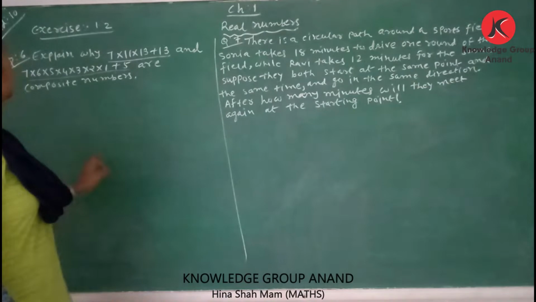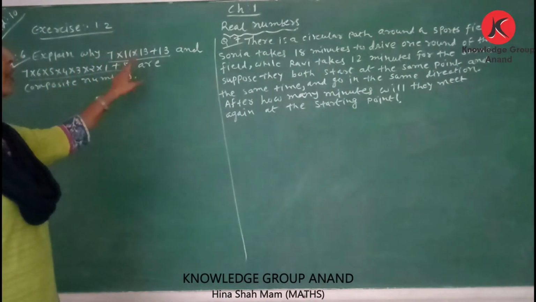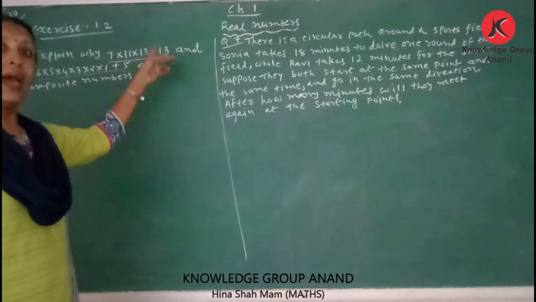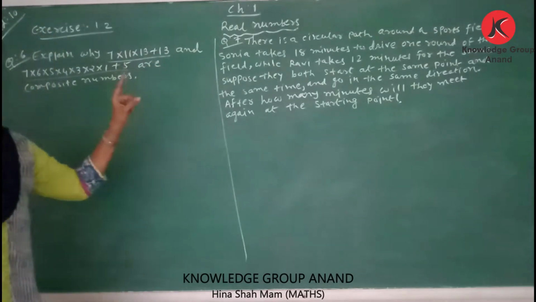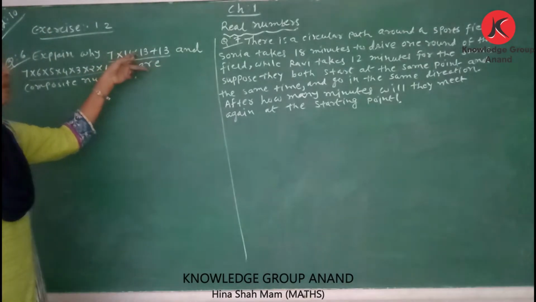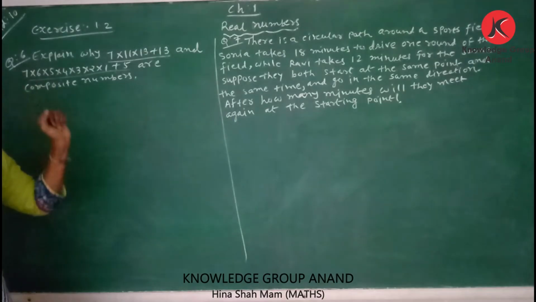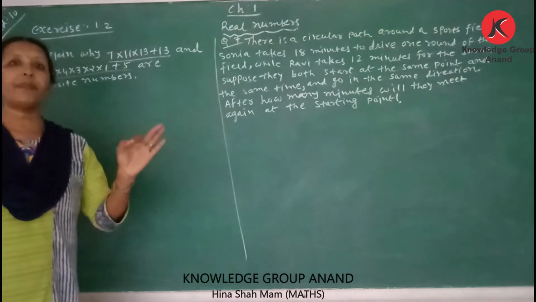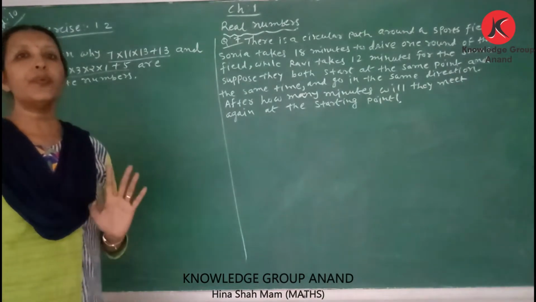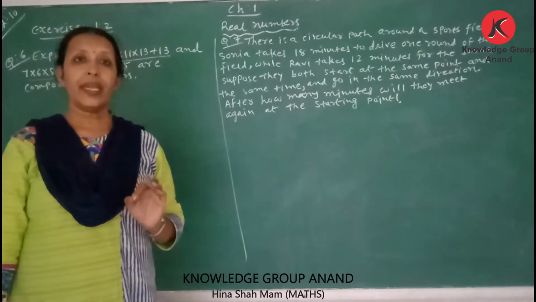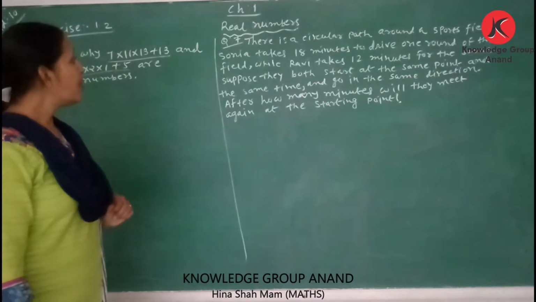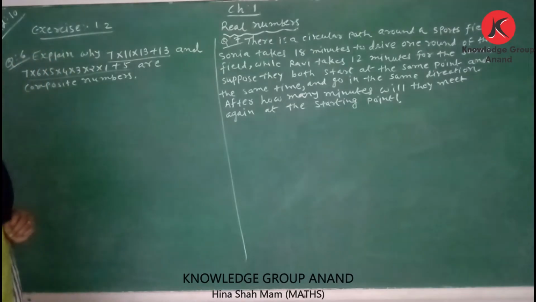Here we explain two numbers. We have been given two numbers, and we explain these two numbers are composite numbers because they have more than two prime factors.